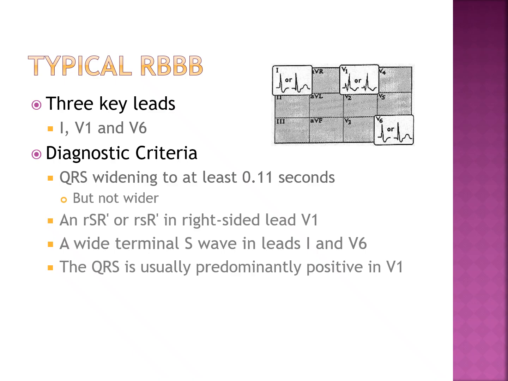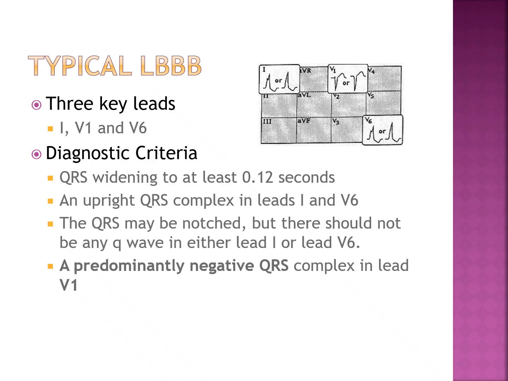And if you compare it to what I showed you for the left bundle branch block, it is much skinnier. And then left bundle branch block again: V1, see if it's going up or down, and then lead 1 and V6. They're wider. They're much wider at the base. And so that's typical of a left bundle branch block.